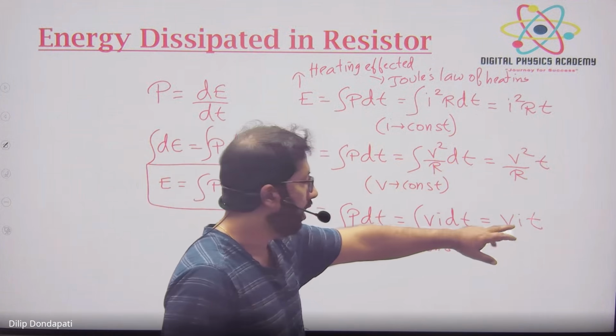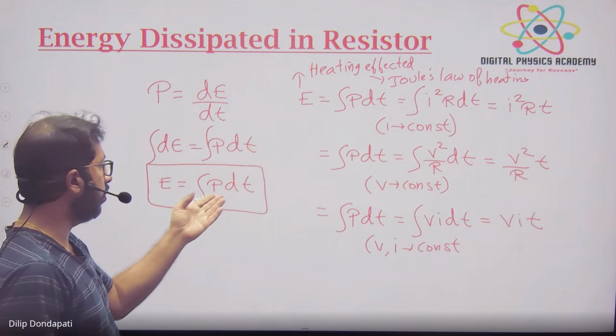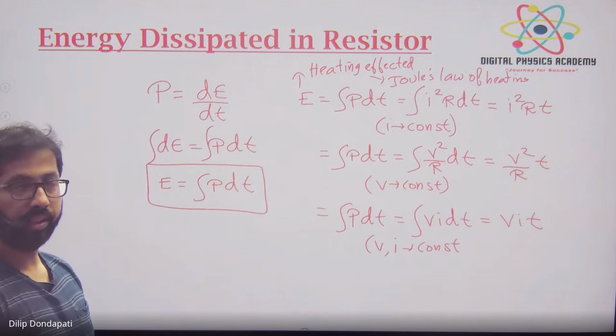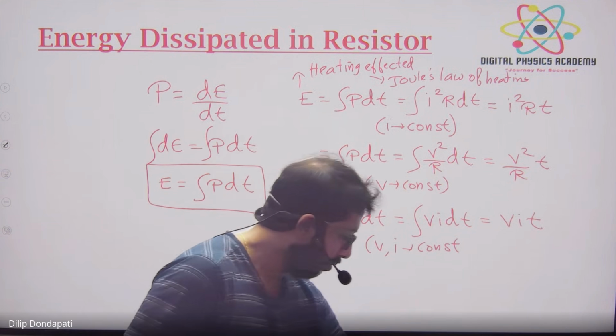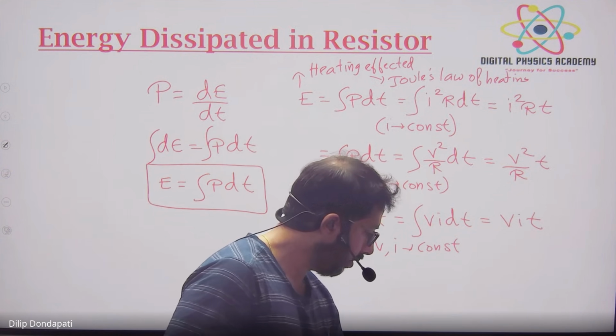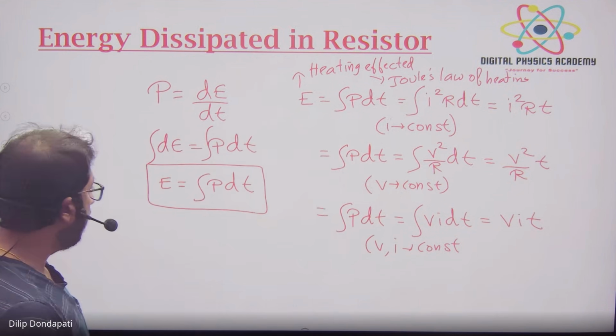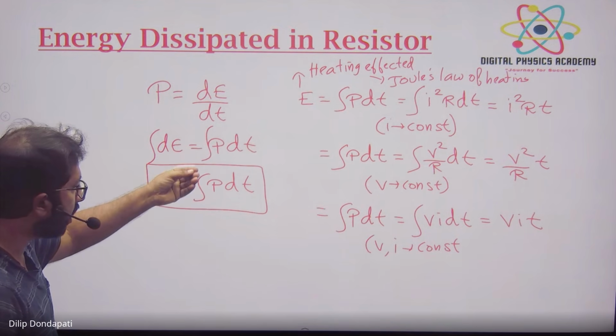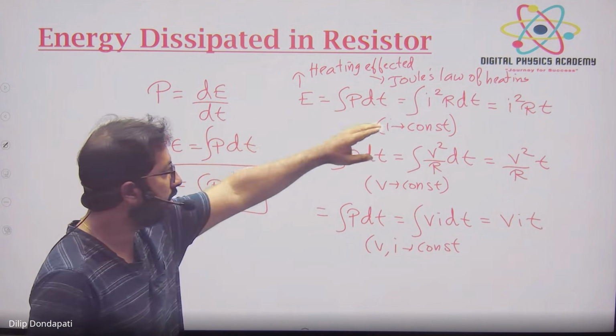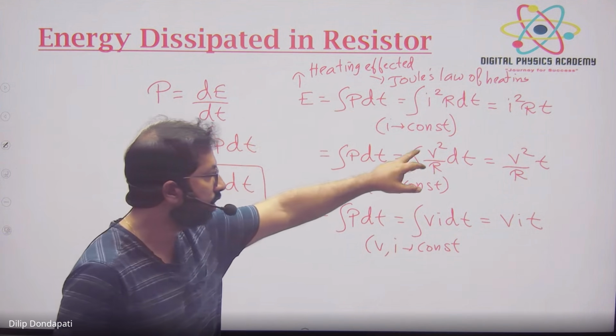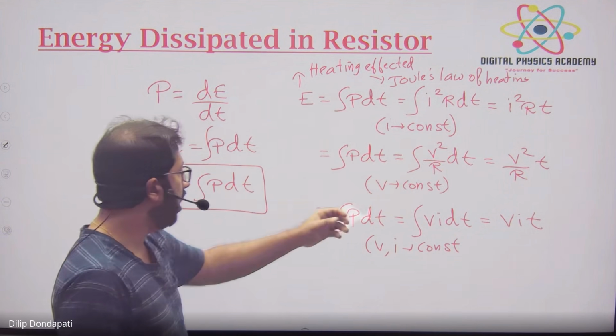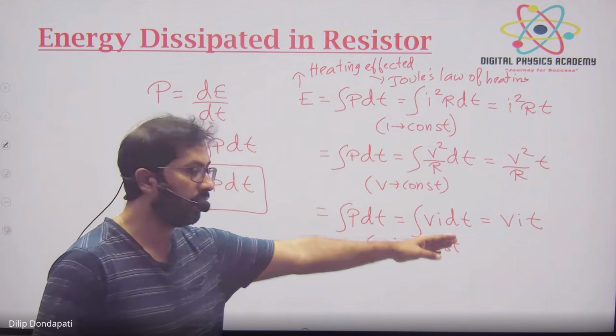If the current is variable, then you have to use this one: energy is integral P dt. Using integral P dt, if given in current terms, use I square R dt; if given in voltage terms, use V square by R dt and integrate; if given in both terms, use this one.